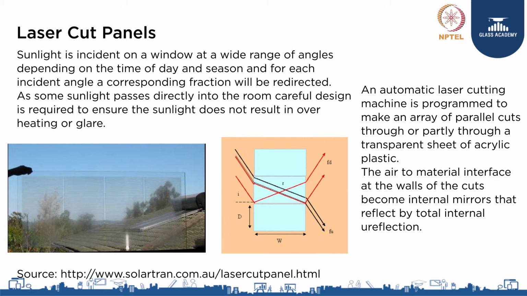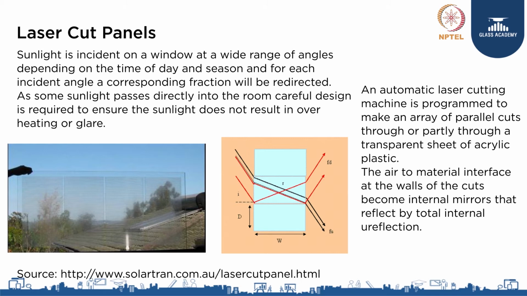These cuts become internal mirrors that reflect the sunlight that falls onto them. Whatever light falls onto a cut gets reflected. Whatever light doesn't fall onto a cut passes through the glass. So some part of the light comes inside like normal and some part gets reflected towards the ceiling.